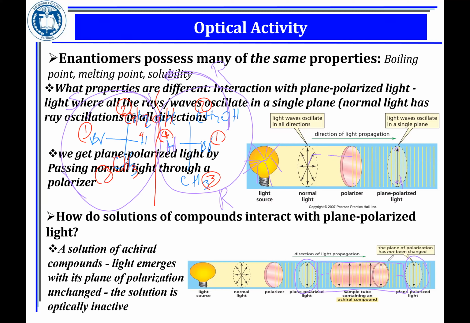It's going to rotate to the right side or it's going to rotate to the left side. If the light is rotated, and since these two filters are parallel to each other, the light will not pass through the second filter and it would be blocked. If the light is not rotated, it will pass through the second filter and you will see the light.